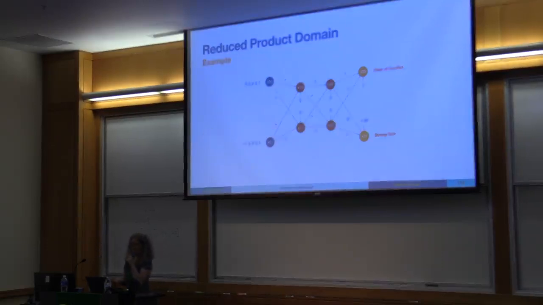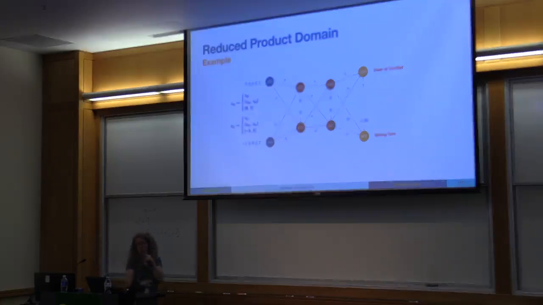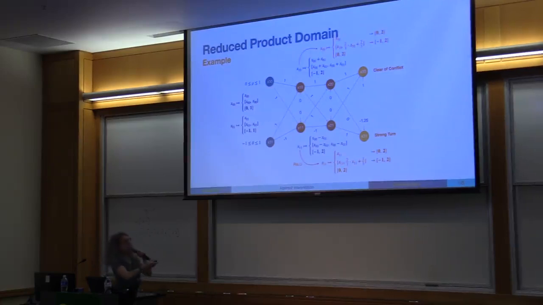Let me show you how it works in practice. Here we have to do double work, of course. So we have to do the symbolic abstraction, the DeepPoly abstraction, and we have to maintain the concrete numerical bounds. We have to do all of them at the same time.